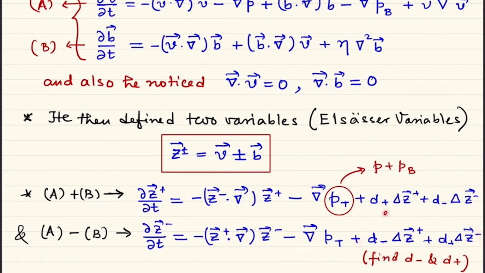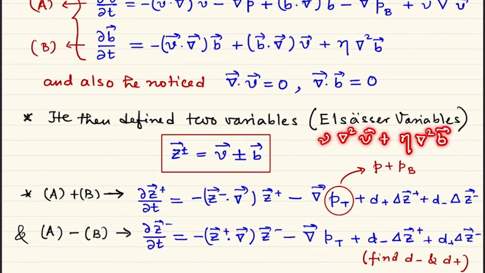Now these dissipation terms are written in a way so that they carry some symmetry. So in this equation you will have the dissipation contribution like this: eta nabla square V plus nu lambda nabla square V plus eta nabla square b.